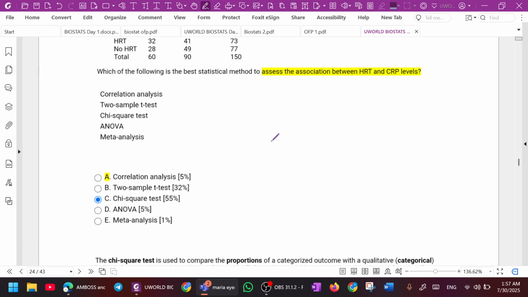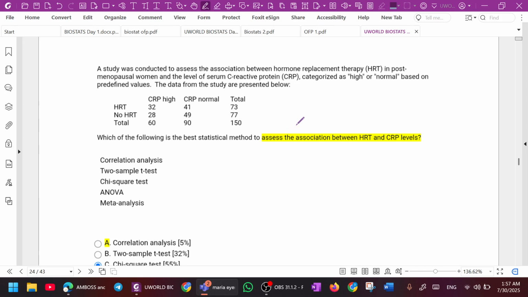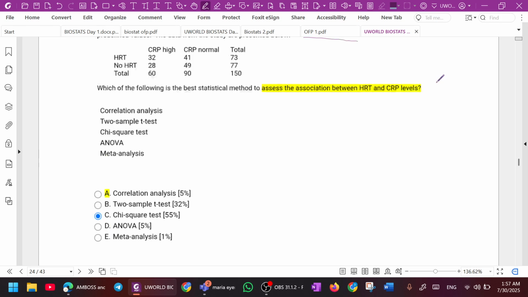They categorized the patients between HRT and CRP level, and the categorization is based on high or normal. A t-test is for mean values, like numbers, but chi-square is for categories, high or low. It is not a number. Yeah, you got it.